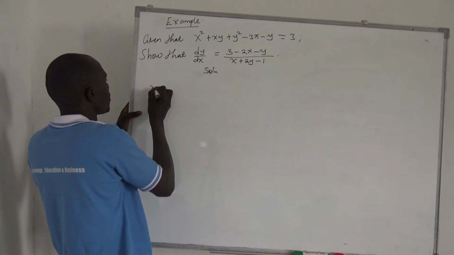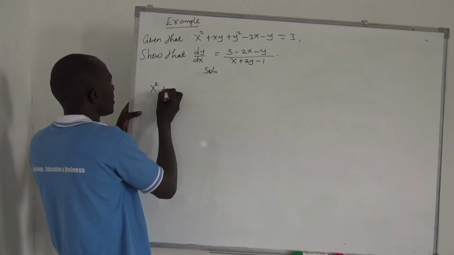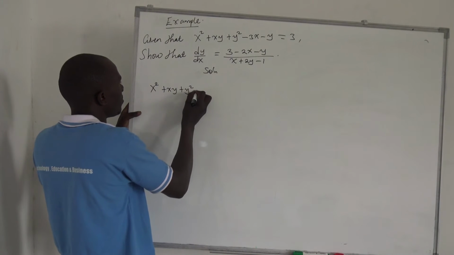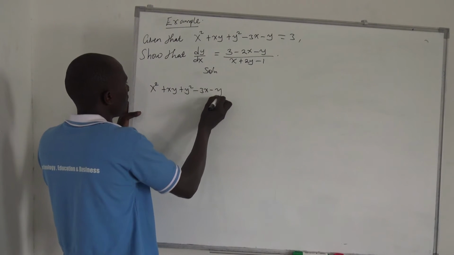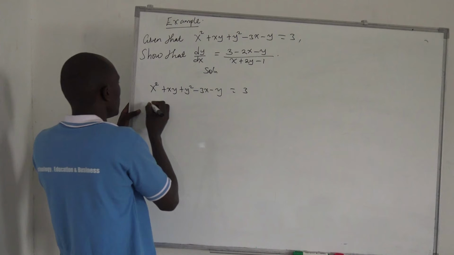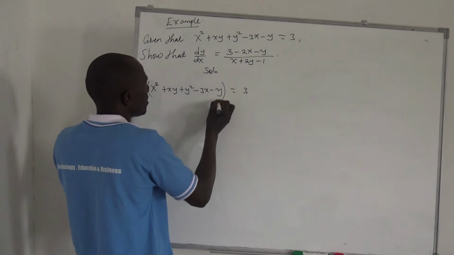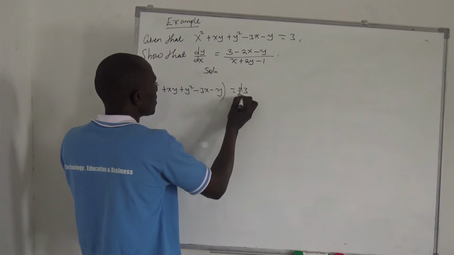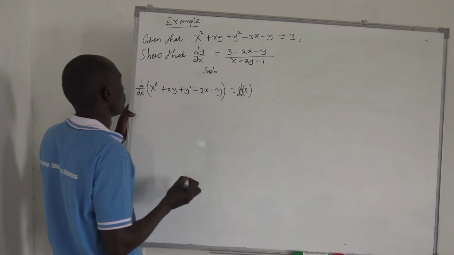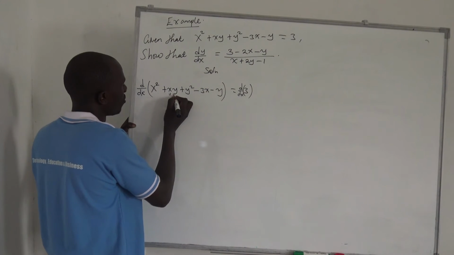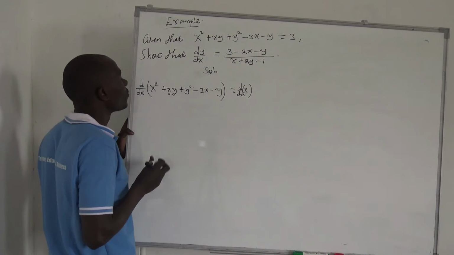We have x squared plus xy plus y squared minus 3x minus y equals 3. So we take d/dx of this equals d/dx of this. When you differentiate x squared, remember there is a product uv in xy, don't forget it.